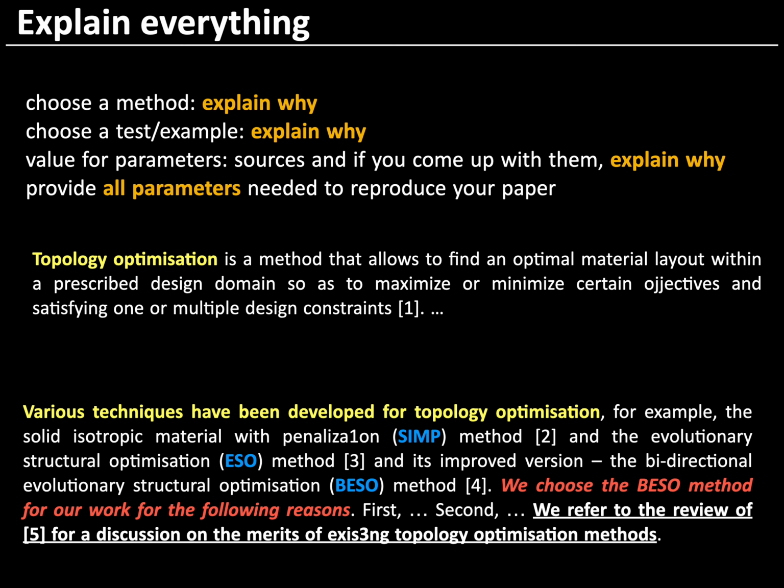Then the next paragraph says that various techniques have been developed for topology optimization. What I'm trying to say here is that to do topology optimization, you have many ways, and I mention them, and then I specify why I choose just one, the Bezo method. Yeah, do that.